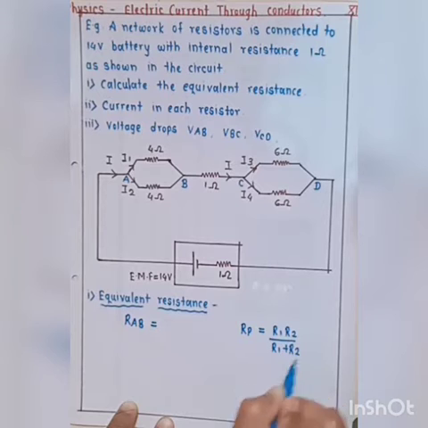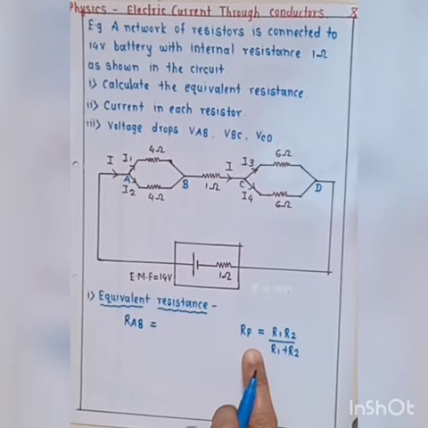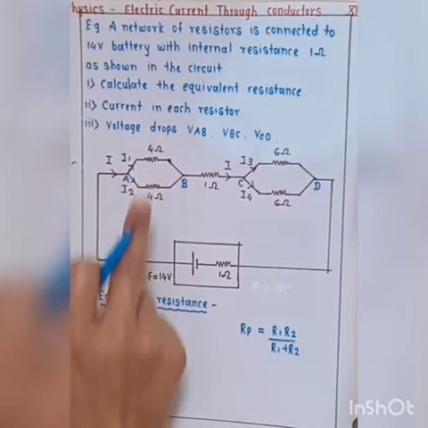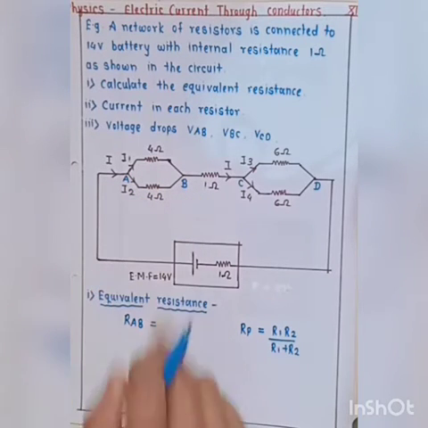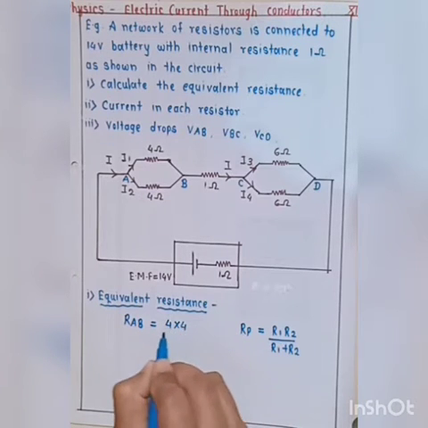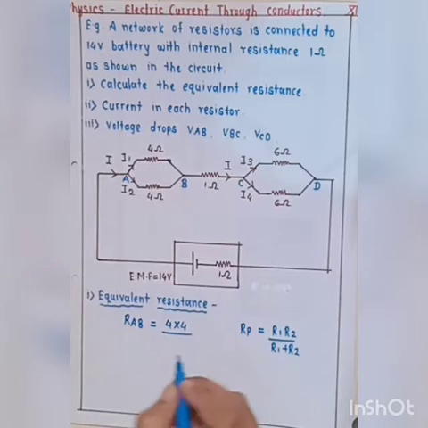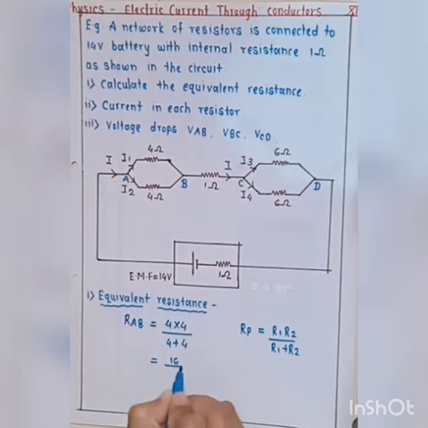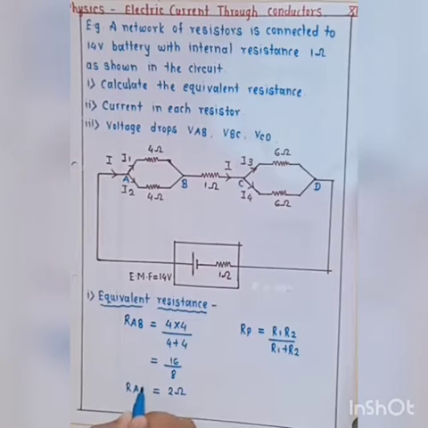So for this network, resistance across AB is equal to R1 R2, that is 4 into 4 upon R1 plus R2, that is 4 plus 4. So we get 16 by 8, that is RAB is nothing but 2 ohm. So resistance across AB is equal to 2 ohm.